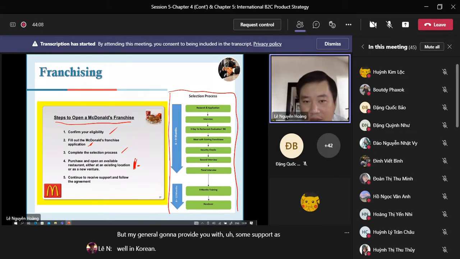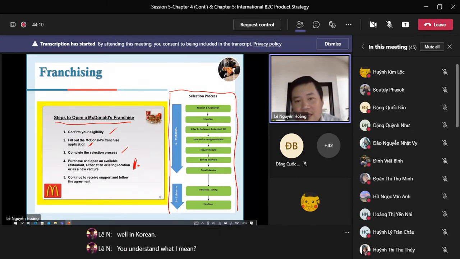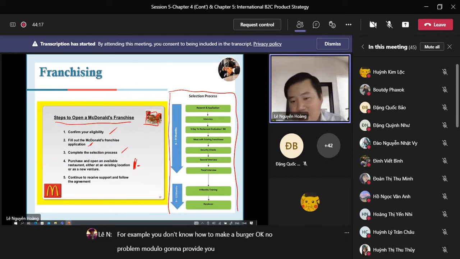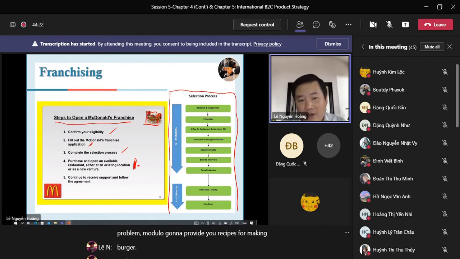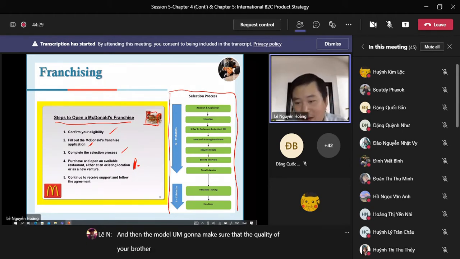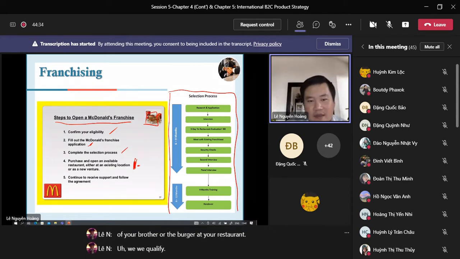You understand what I mean? For example, you don't know how to make a burger. Okay, no problem. McDonald's is going to provide you recipes for making a burger, and McDonald's is going to make sure that the quality of the burger at your restaurant will be qualified according to the rules and regulations of McDonald's.